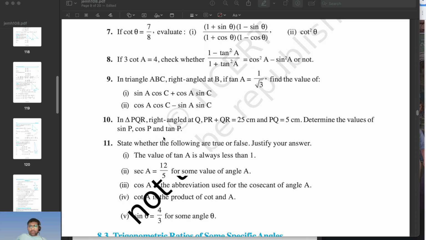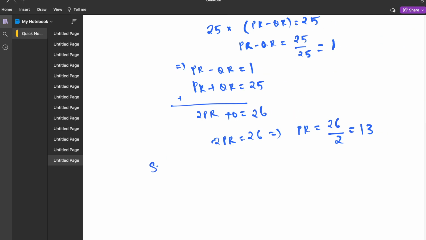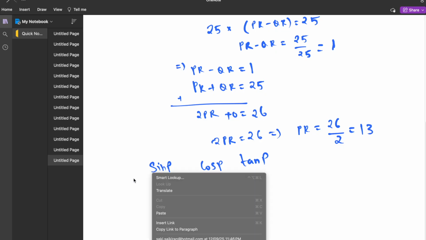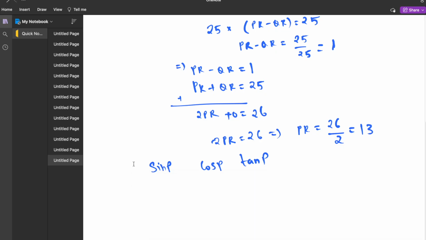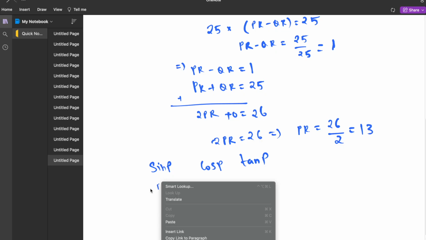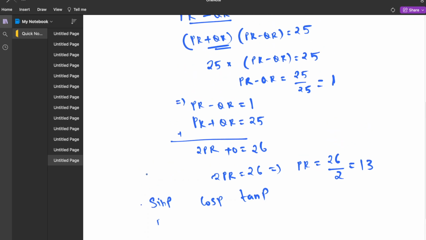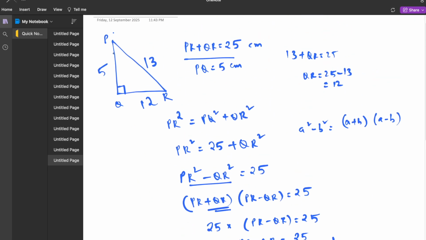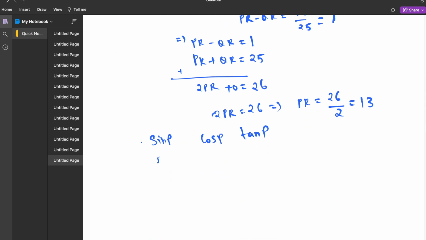Now we can solve sin P, cos P and tan P. What is sin P? Sin P is opposite side by hypotenuse, so 12 by 13.